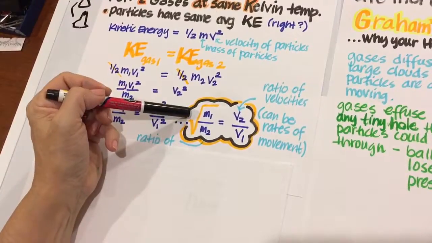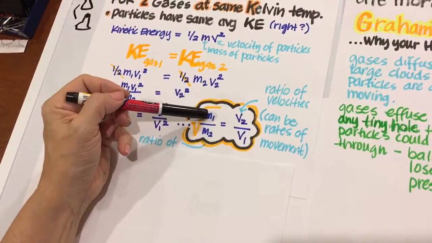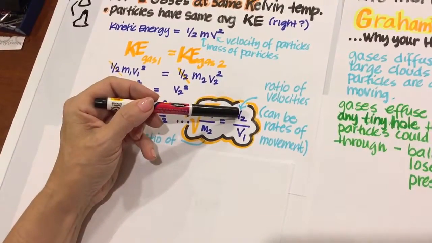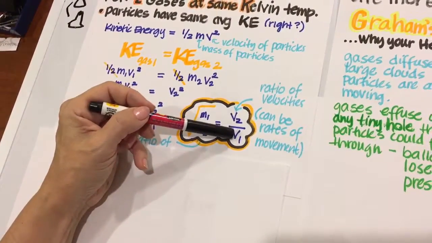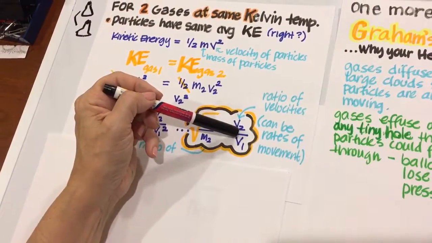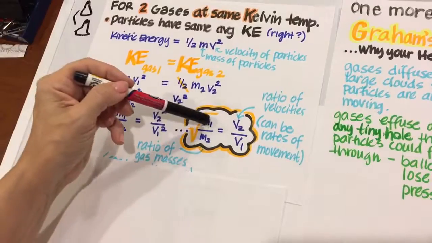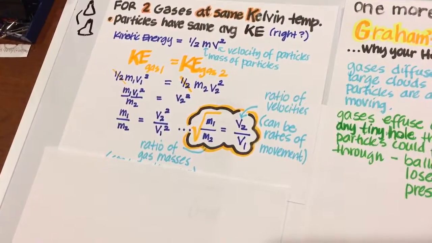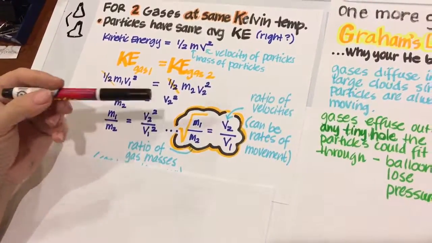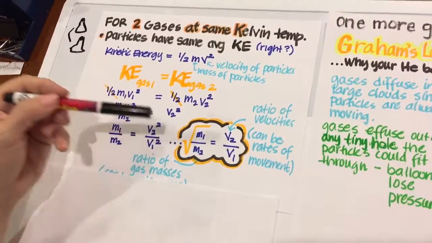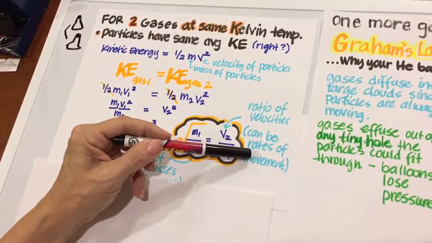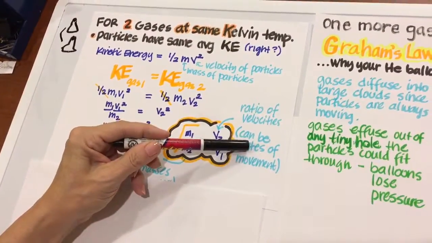The square root of the quotient m1 divided by m2 will be equal to the ratio of v2 over v1. Remember, this is the ratio of the velocities of the particles, and this is the ratio of the gas masses: the mass of the first gas and the mass of the second gas. And the great thing in applying Graham's law is these velocities can also be the rates of movement. So if we know the rate of diffusion, we can use that.